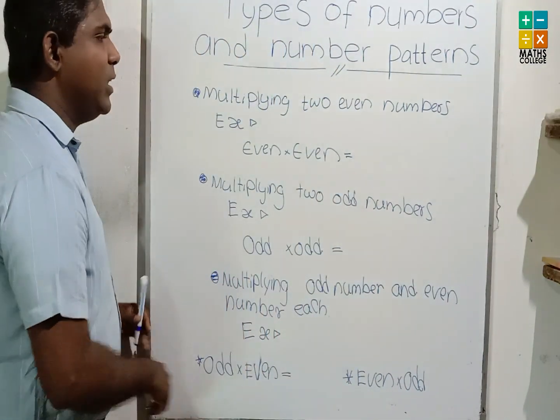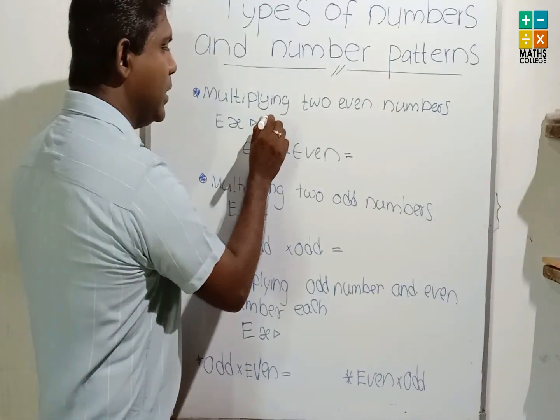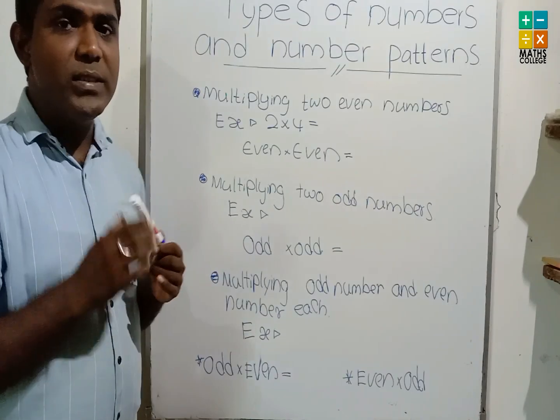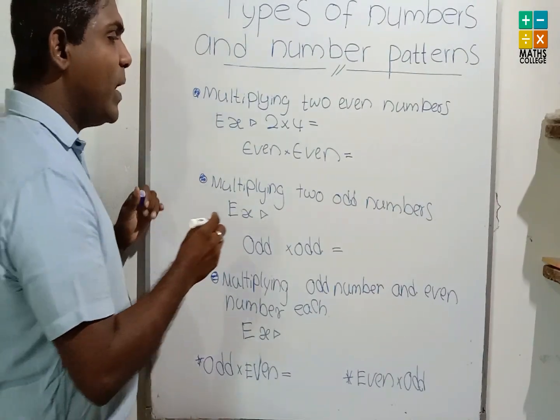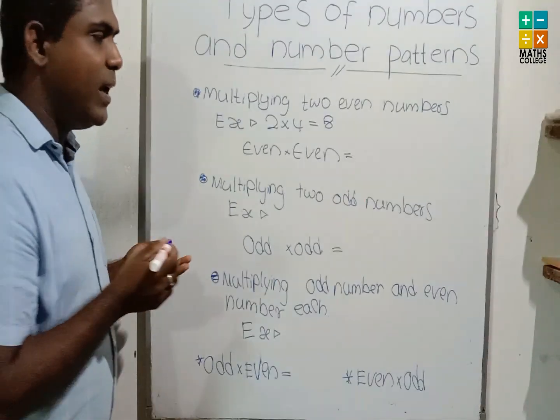Okay, firstly multiplying two even numbers. For example, 2 multiply 4. 2 and 4 are even numbers. 2 multiply 4, the answer is 8.